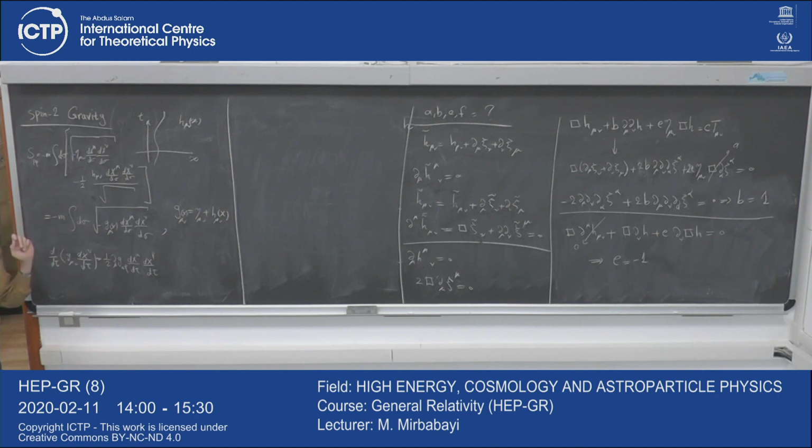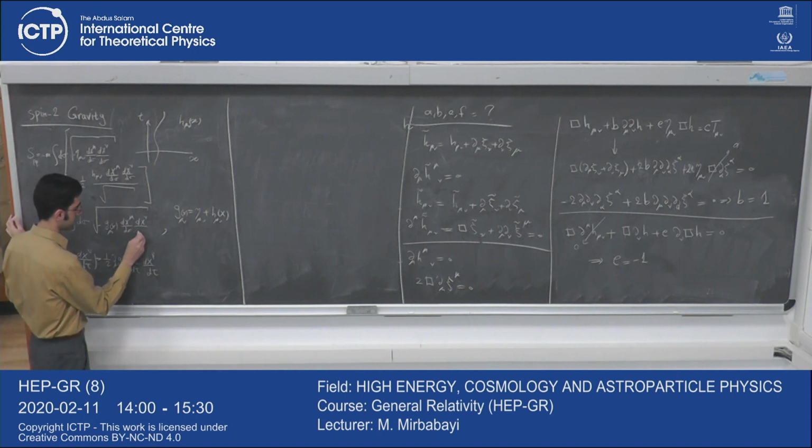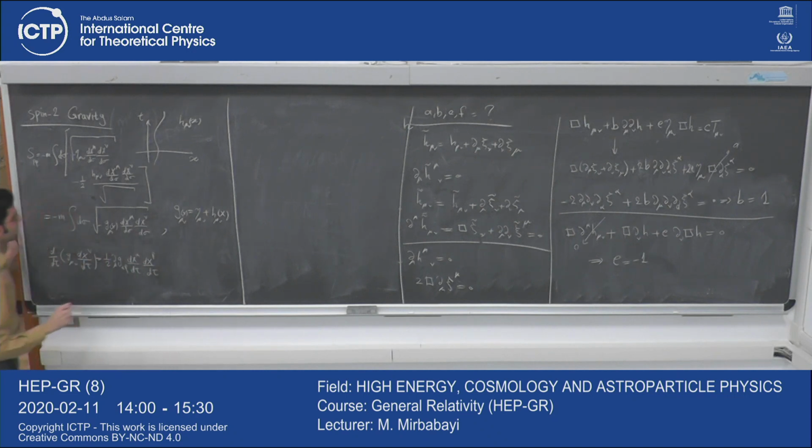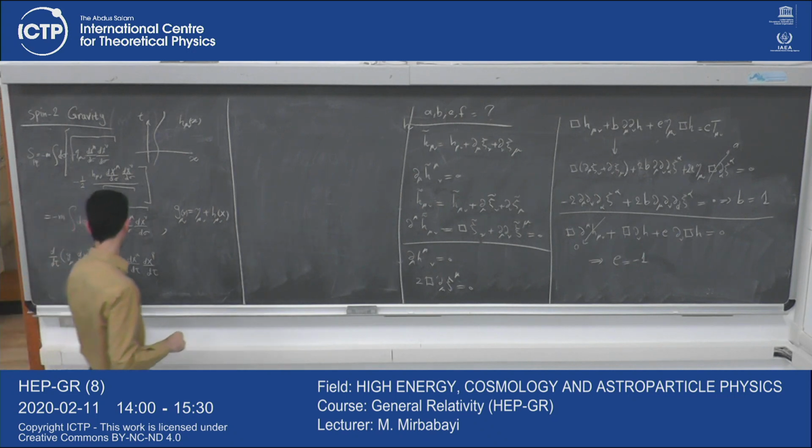Oh, okay, linear order. Remember that the worldline action is reparametrization invariant. It shouldn't matter how I reparameterize it. So whatever you write has to be invariant under that. This is reparametrization invariant.